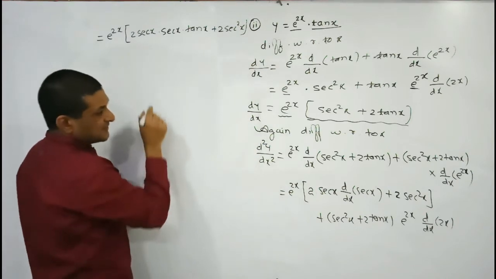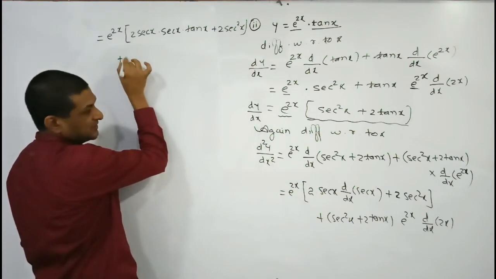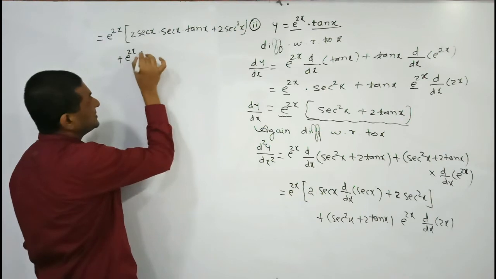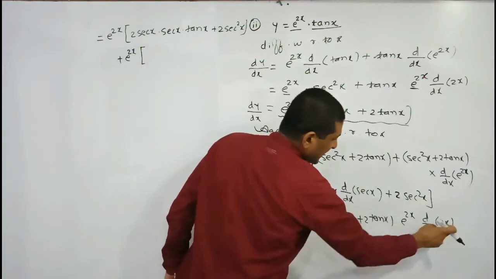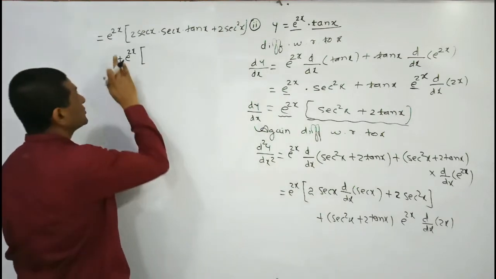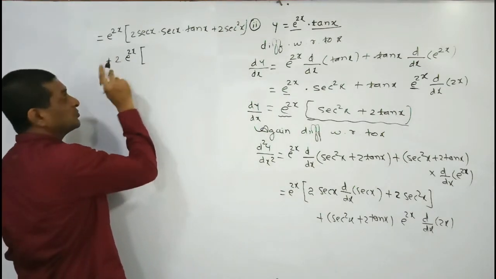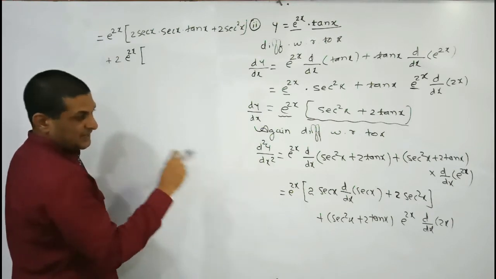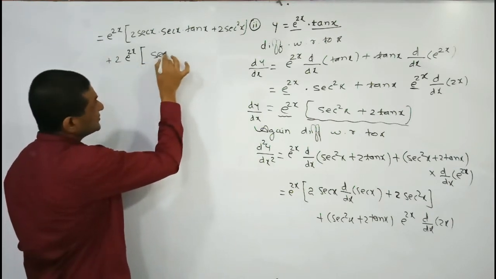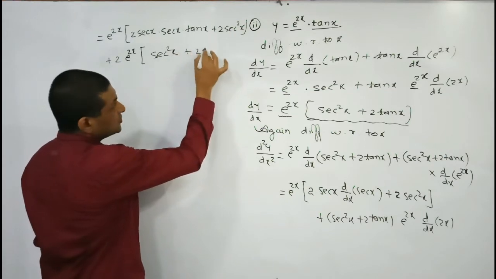In the next case, here plus e raised to power 2x, keep it as it is, and differentiation of 2x will be equal to 2. So that's why here I am writing 2, which is nothing but the derivative of 2x, into sec square x plus 2 tan x.